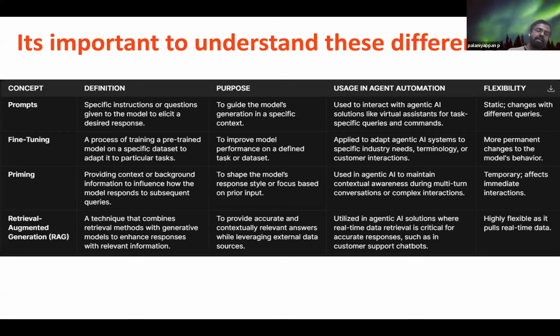But apart from fine-tuning and priming, there is another one called RAG. RAG works more on semantic matching. Let's say you have a prompt given to an LLM model and you're asking a question, but the LLM model may not have the data around that question.